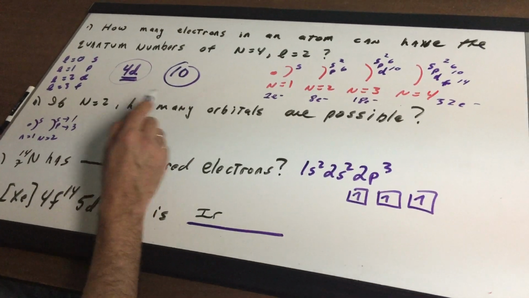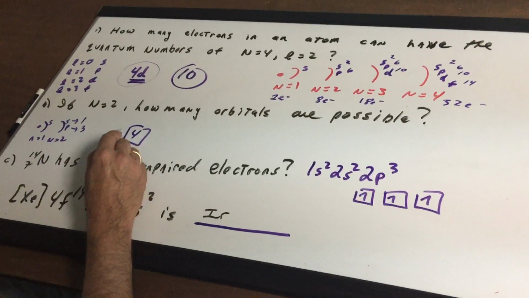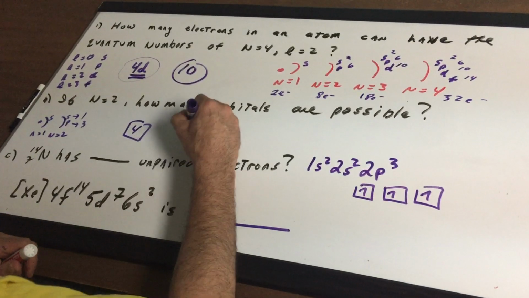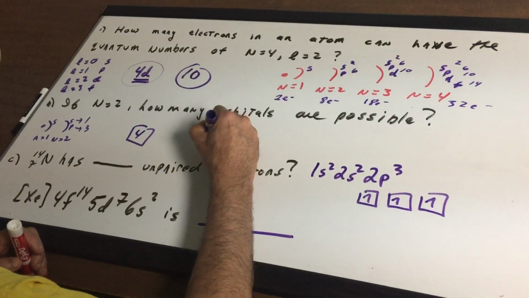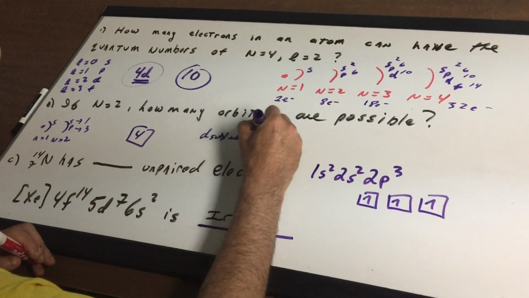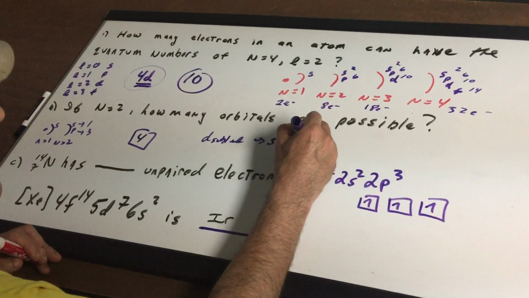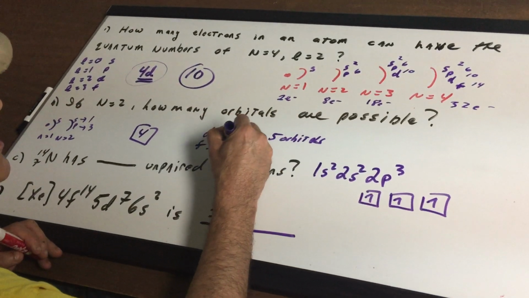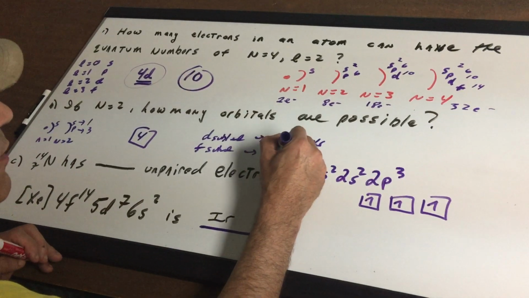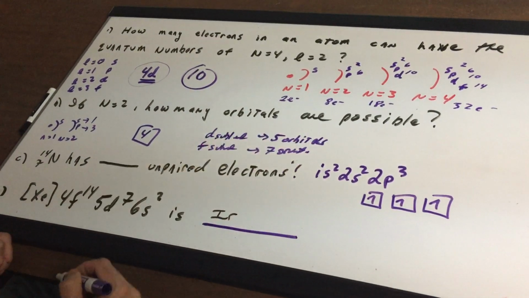That would be Px, Py, and Pz, which gives you a total of 4 orbitals. Don't forget, the D sublevel has 5 orbitals, meaning these are the areas of space, and the F sublevel has 7 orbitals. All right.